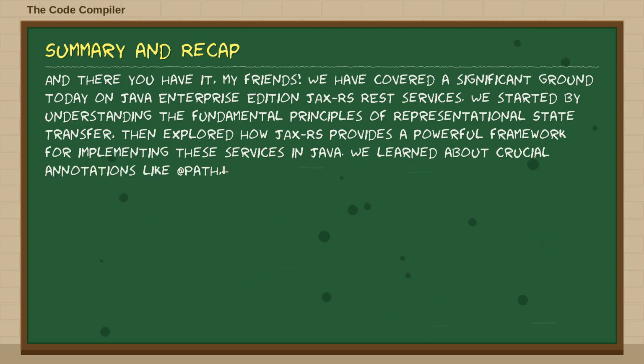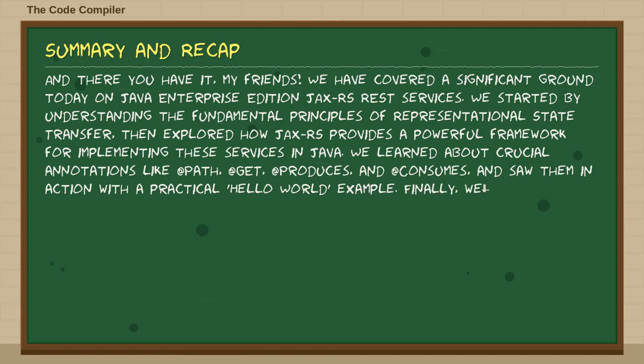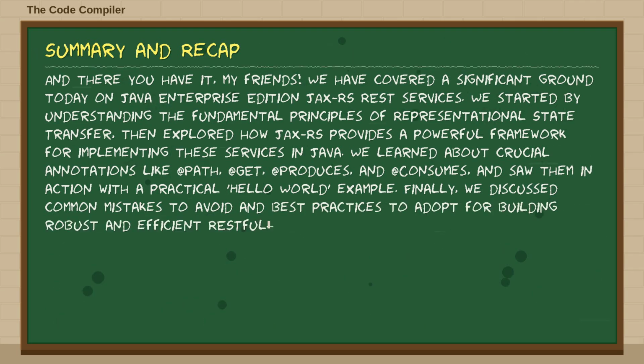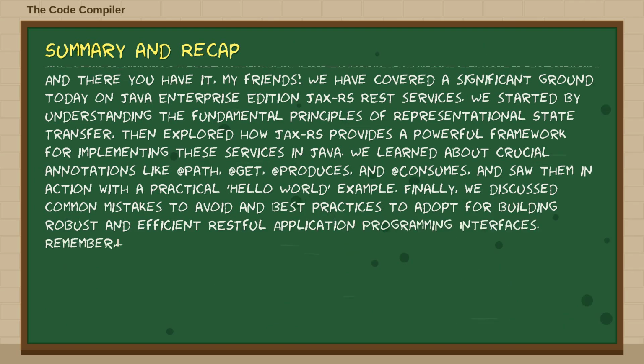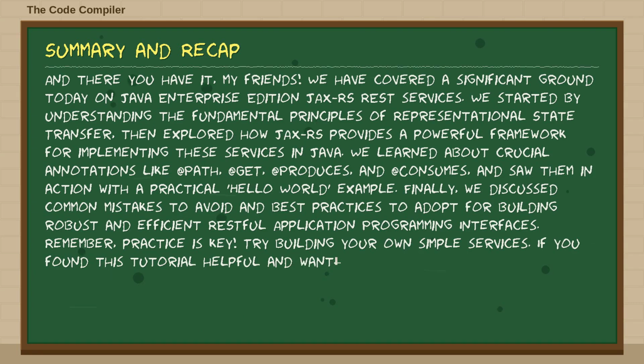We learned about crucial annotations like @Path, @GET, @Produces, and @Consumes, and saw them in action with a practical Hello World example. Finally, we discussed common mistakes to avoid and best practices to adopt for building robust and efficient RESTful application programming interfaces. Remember, practice is key. Try building your own simple services.